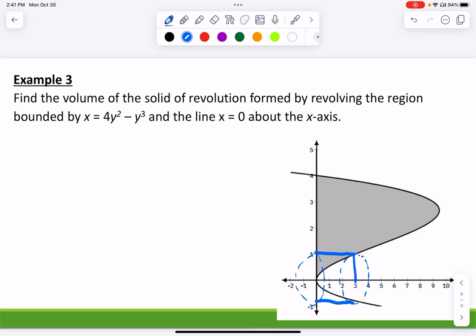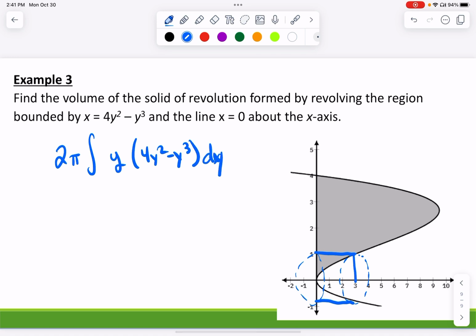So my radius is now y. So 2 pi integral of y, and what's my height? My height is 4y squared minus y to the third dy, and I'm going from 0 to 4.